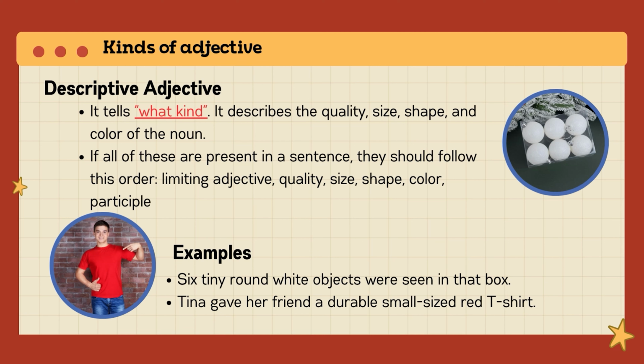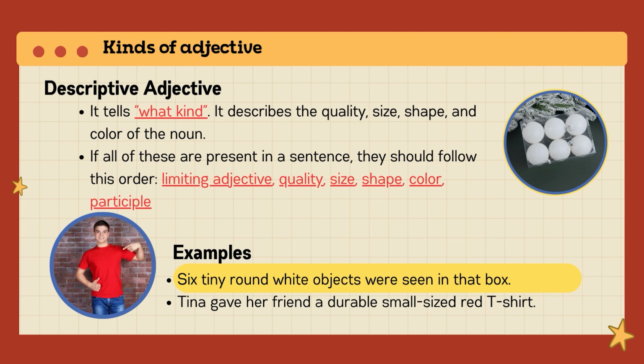If all of these are present in a sentence, the quality, size, shape, and color of the noun, they should follow this order: limiting adjective, quality, size, shape, color, and participle. Examples. 6 tiny round objects were seen in that box.